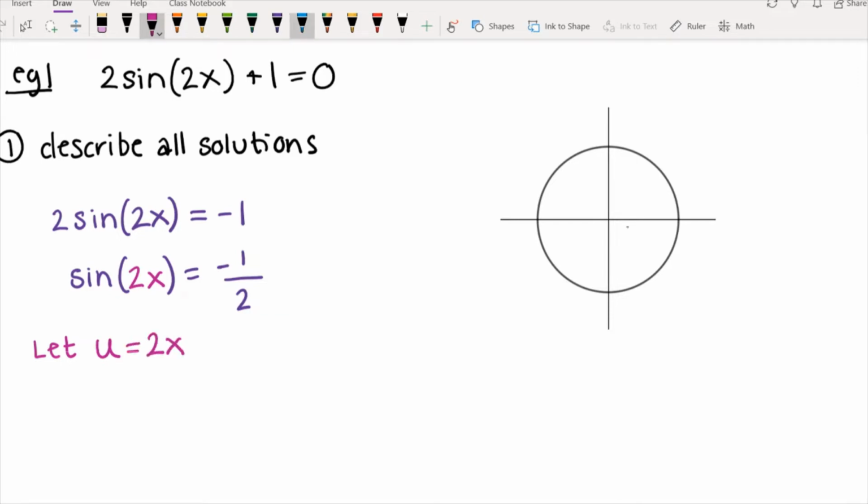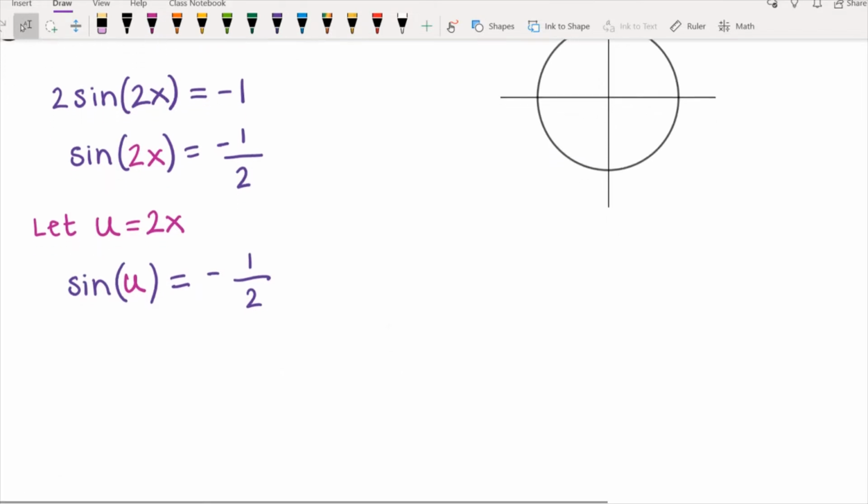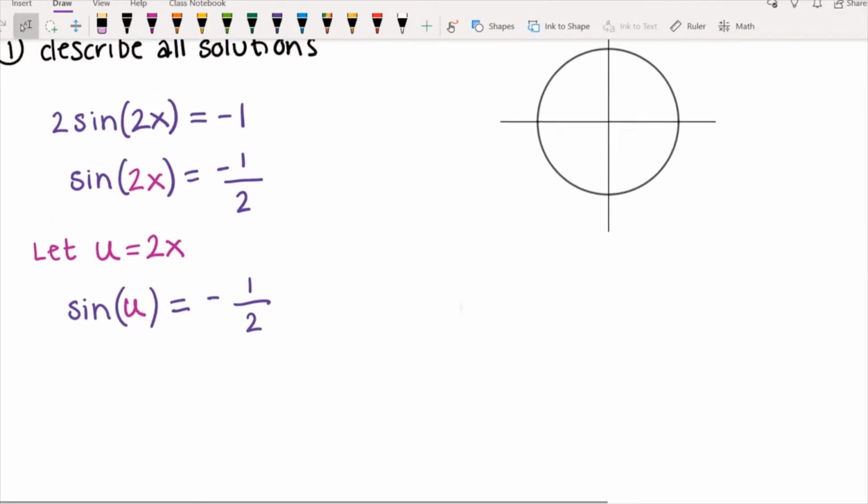So all I'm really doing here is making this a little bit simpler to look at. Instead of writing a 2x inside the parentheses, I'm just going to write the letter u. So sine of u is equal to -1/2. So let's forget about the 2x part and just solve this as we normally would, but now we're solving it for u.